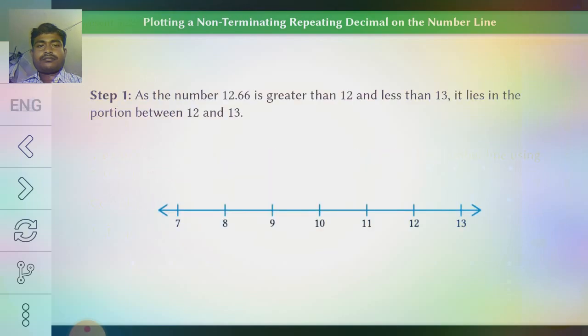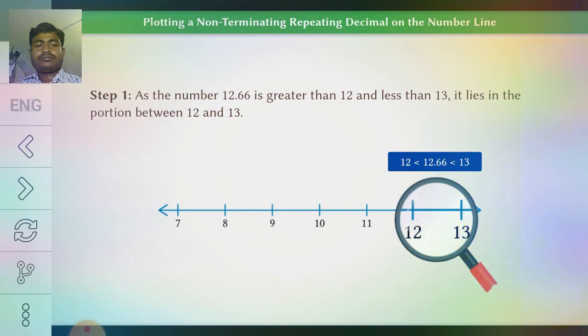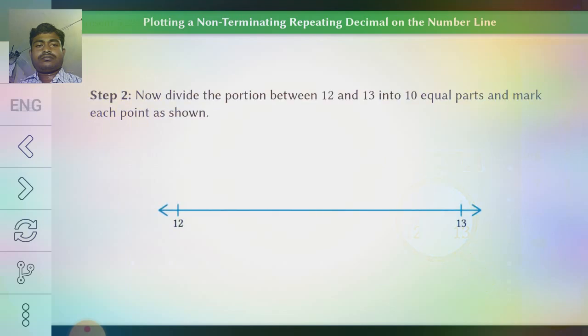Step 1. As the number 12.66 is greater than 12 and less than 13, it lies in the portion between 12 and 13. Step 2. Now divide the portion between 12 and 13 into 10 equal parts and mark each point as shown.